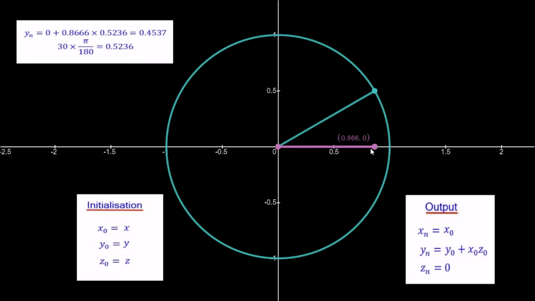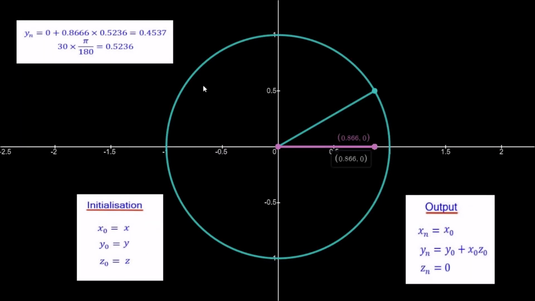The length of this vector here is just the x coordinate of our vector in blue, so it's going to be 0.866. So we start off with an x0 value, which is our value of x, which is just this length here. And the y0 is some value y. Now in this instance here, to keep it simple, we'll make y0 equal to 0, so that's just the 0 here. So the x0, y0 is just the endpoint of this vector here in pink.